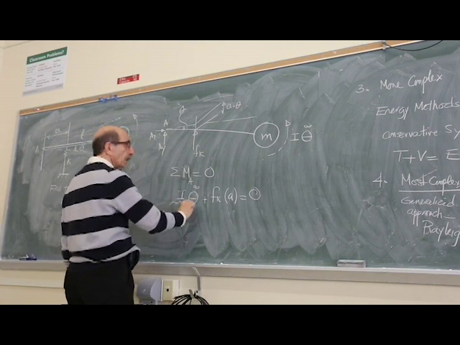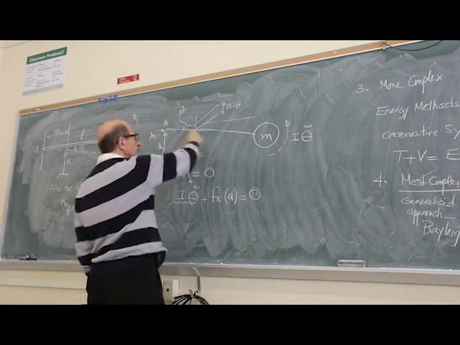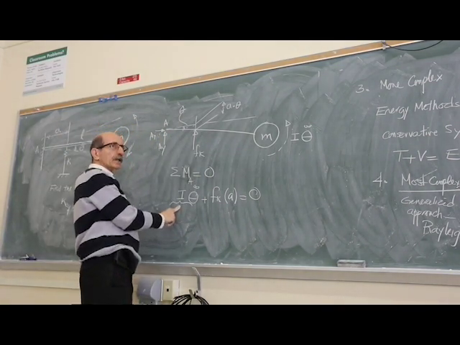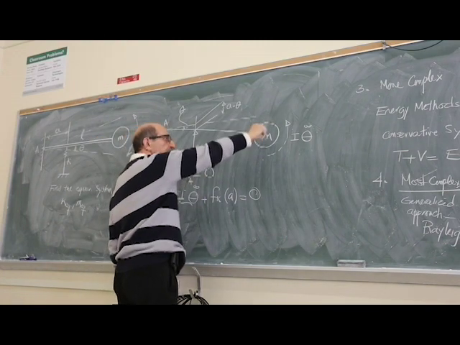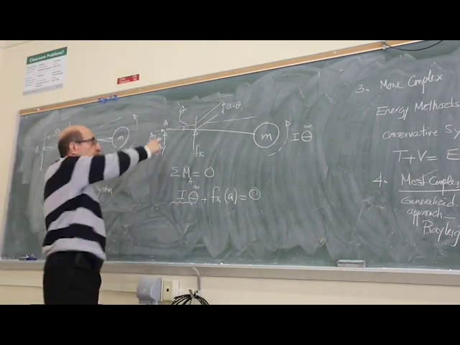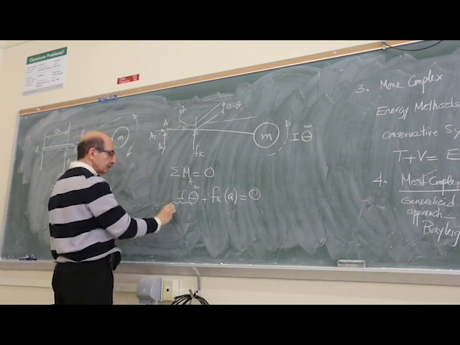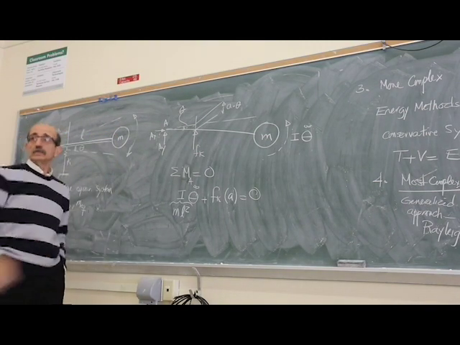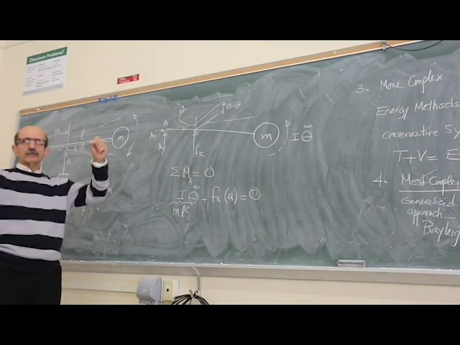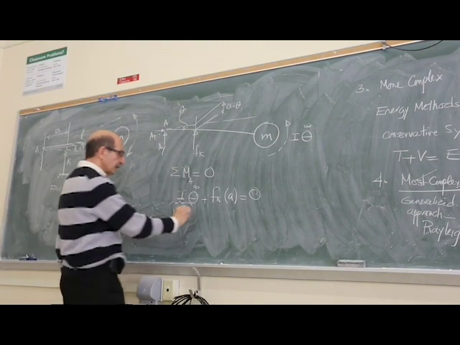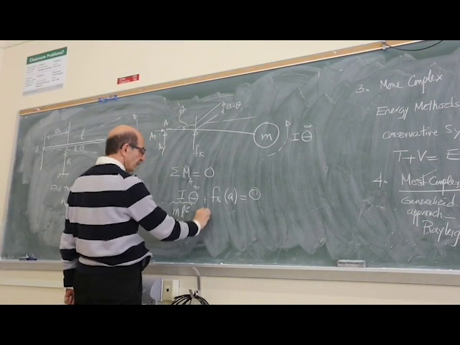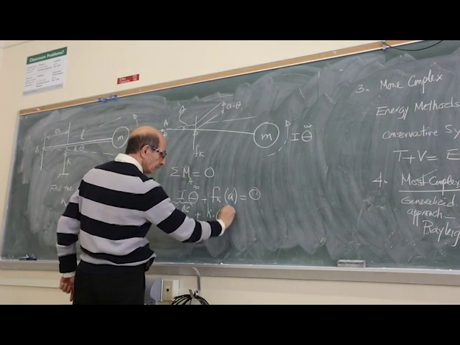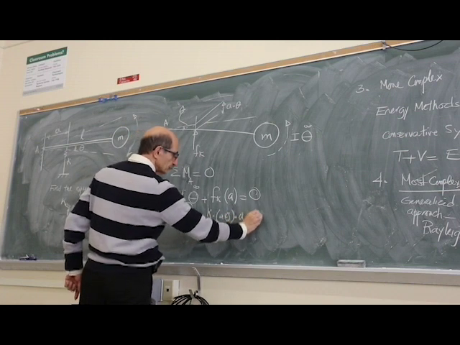But what is I? We assume this is a massless, rigid bar. So the only inertia term would be this lumped mass, which is a point mass rotating about a point. So this would be m L squared, if that distance is L, and it's just a lumped mass. Do you remember from dynamics? Okay, and this force is K times that displacement, A theta, times A, is equal to 0.